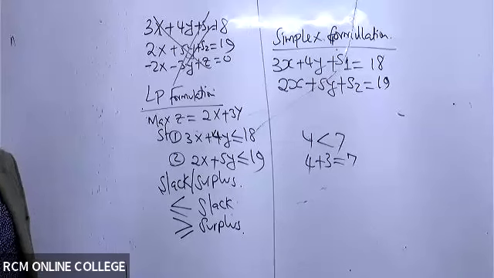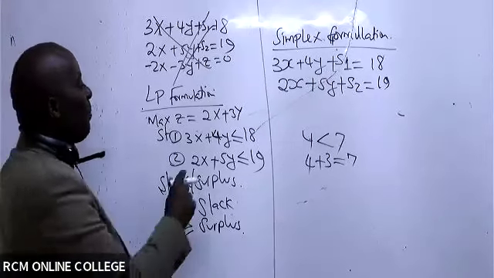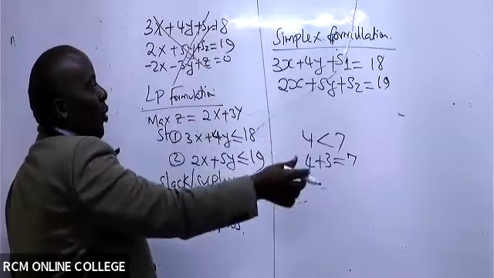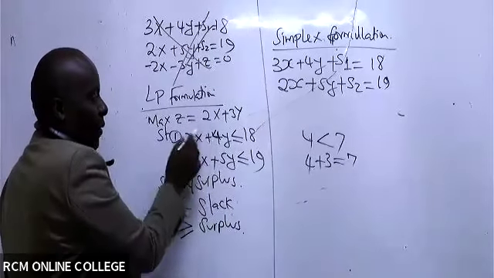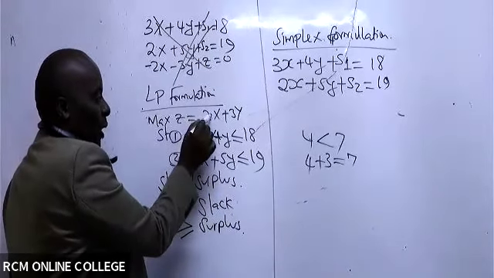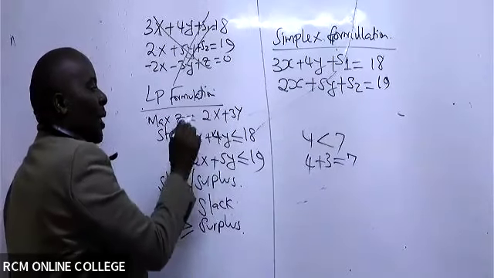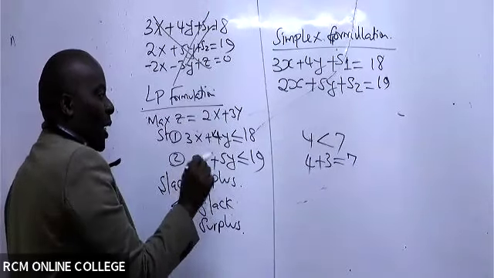All right, so ladies and gentlemen, this is what we have. In the z formulation, the z equation must always read 0 on the other side. That means we take these 2x and 3y to the other side. Here they are positives. On the other side, they become negatives.